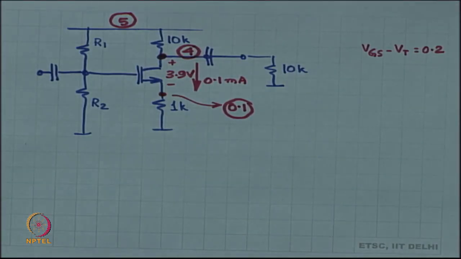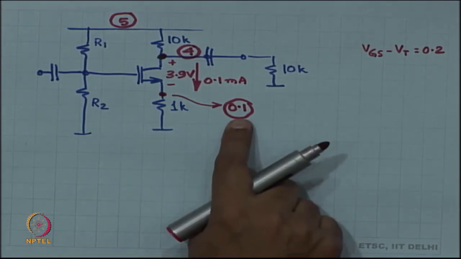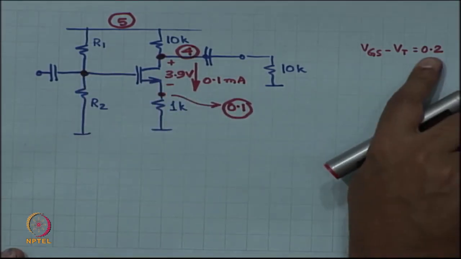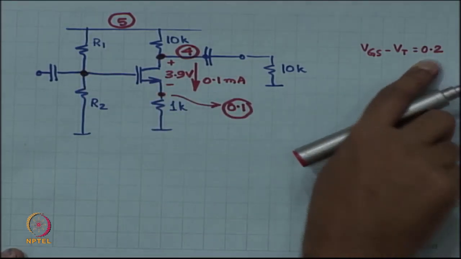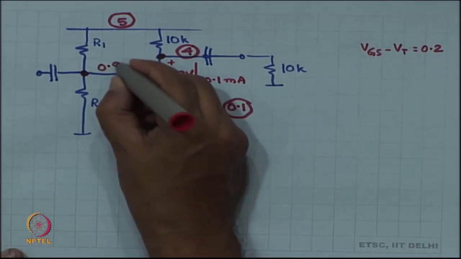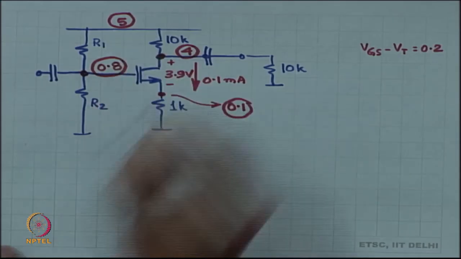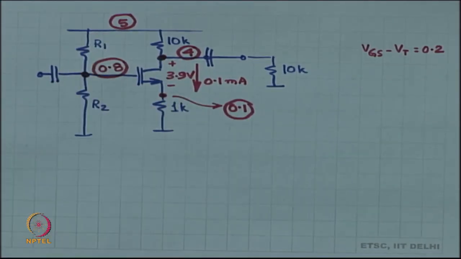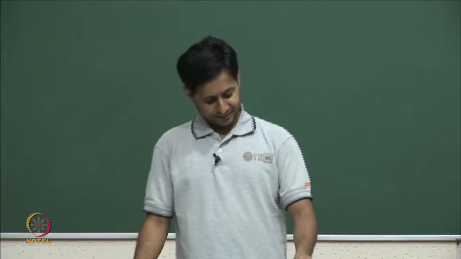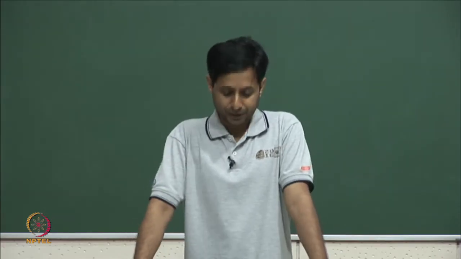Okay, that is the 4 volts is the voltage at the drain, 0.1 volt is the voltage at the source, and if I have VGS minus VT as 0.2 and let us say VT is 0.5, then the voltage here is 0.8, and you have organized R1 and R2 in that fashion. Okay. Am I being clear over here? Yeah.